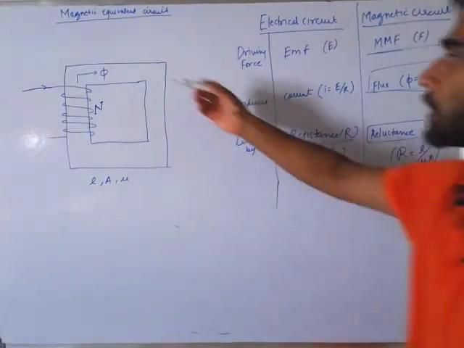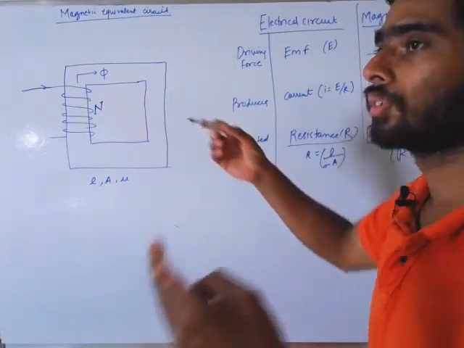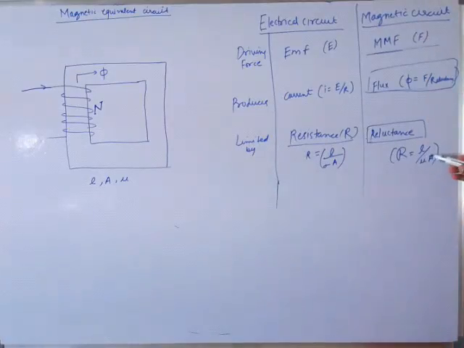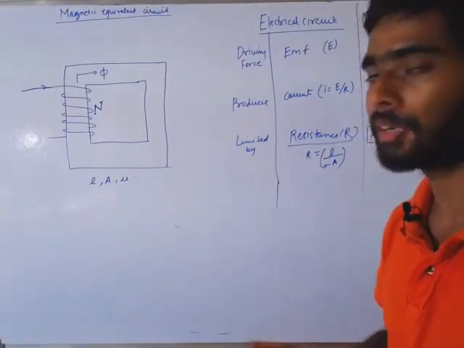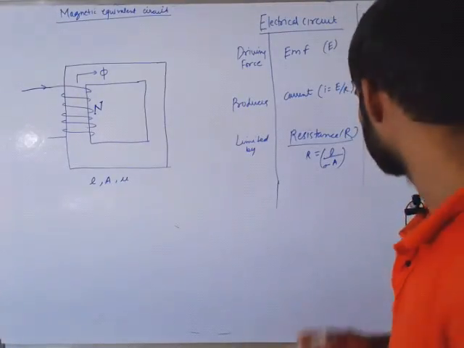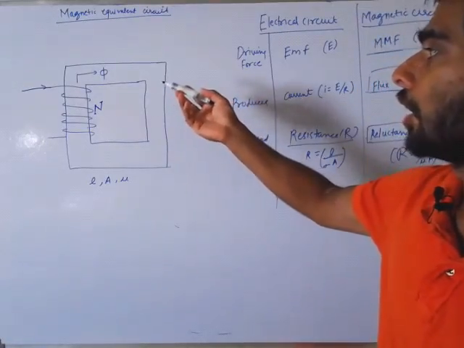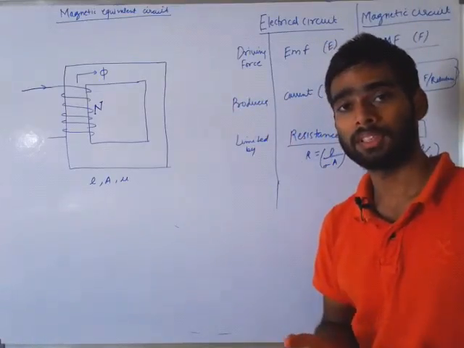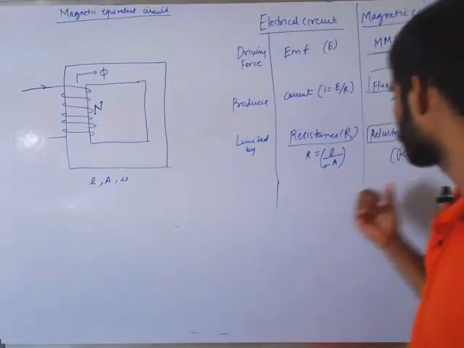A is the cross-sectional area of the core through which the flux passes. And mu is the magnetic material property that tells how much the material accepts the magnetic field. That is the permeability of that material.